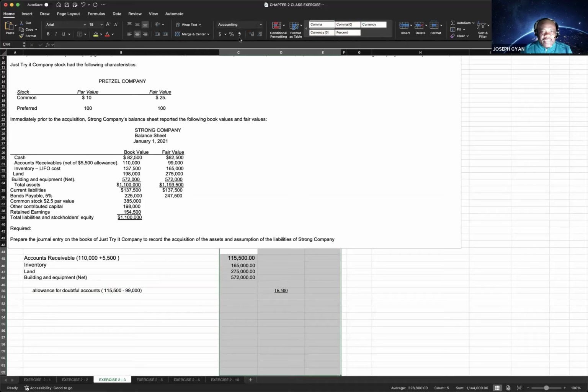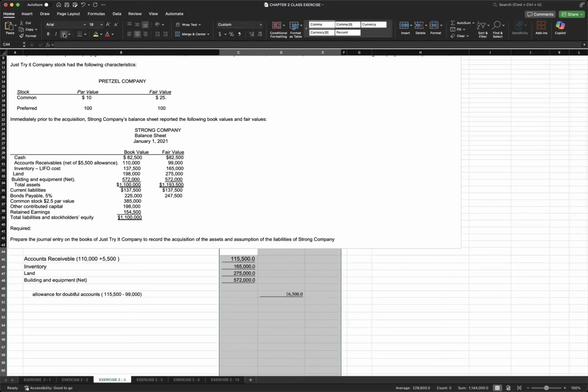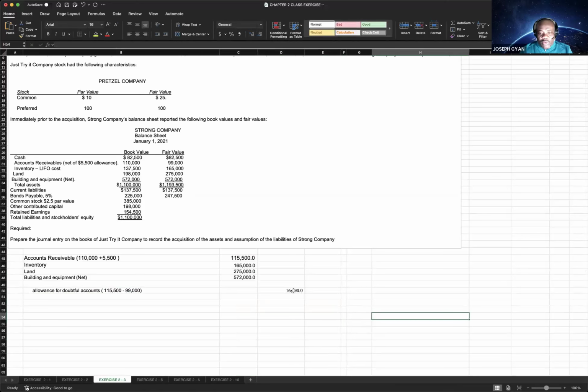Yes, that's correct. Good. So when you subtract this in our new balance sheet, if they want the account receivable net, it is 115,500 minus 16,500, and we are going to get the value of 99,000.